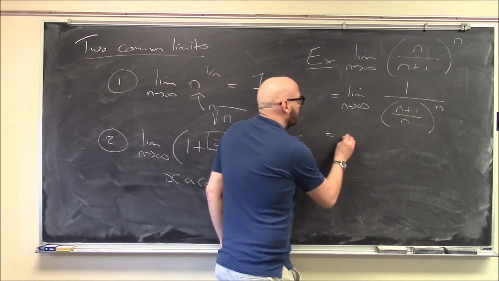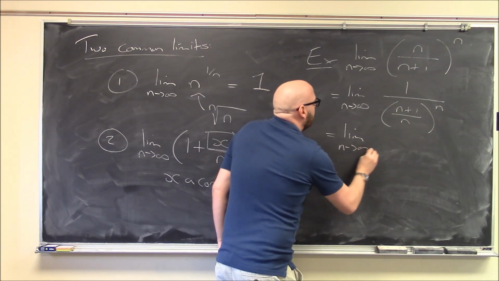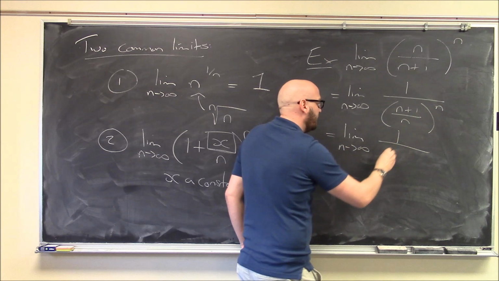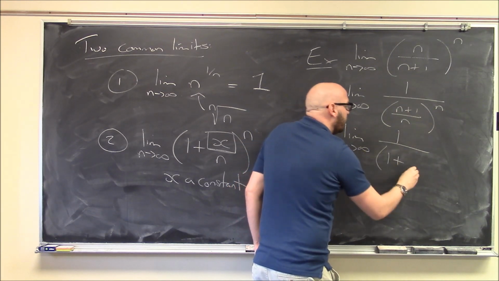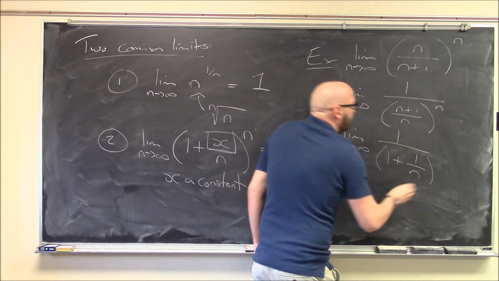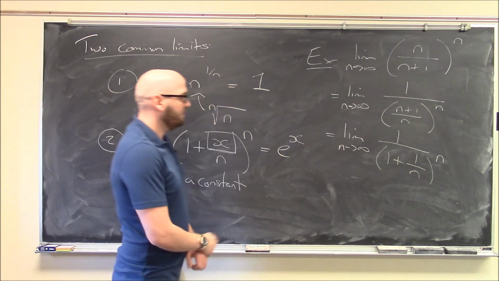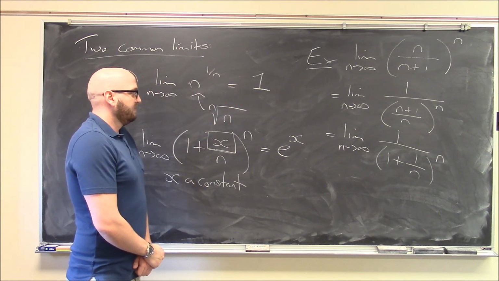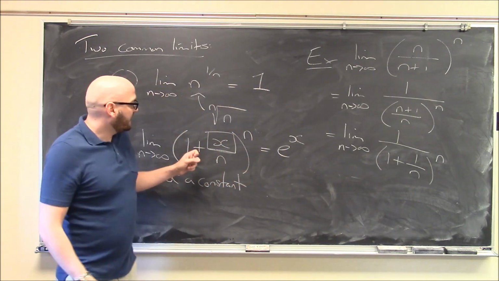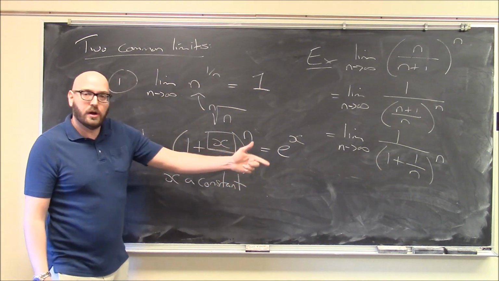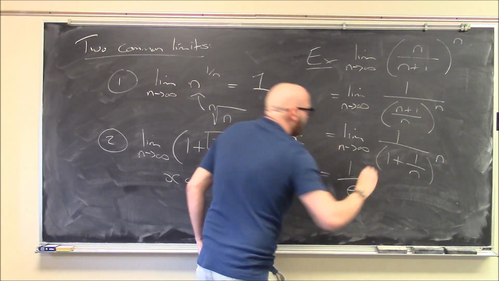And now if I just break this up into two pieces, limit as n goes to infinity of 1 over, I'm going to break the inside up into two pieces, n over n is 1, 1 over n is just 1 over n, and that's all raised to the n. Alright, so doing this algebraic manipulation, I've actually made the bottom here look exactly like this expression, where x is equal to 1. So in the limit, this is tending to 1 over e.